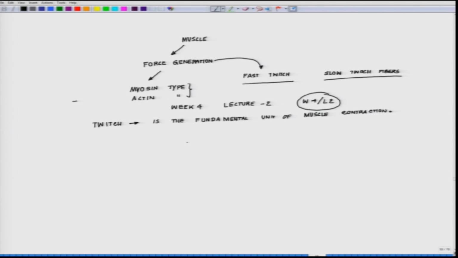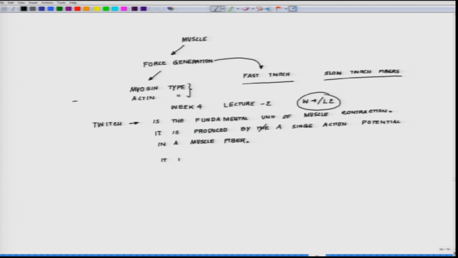It is the contraction that is produced by a single action potential, or by a single action potential in a muscle fiber.